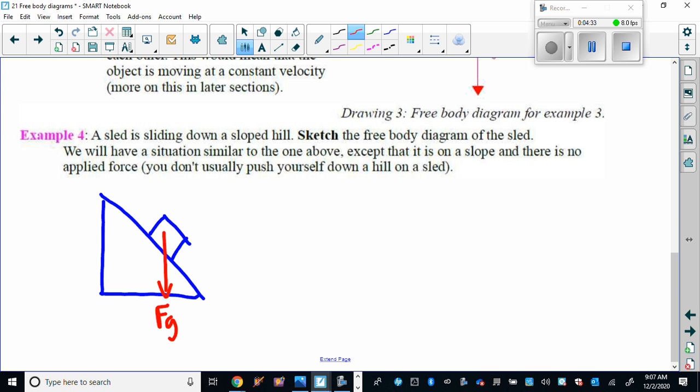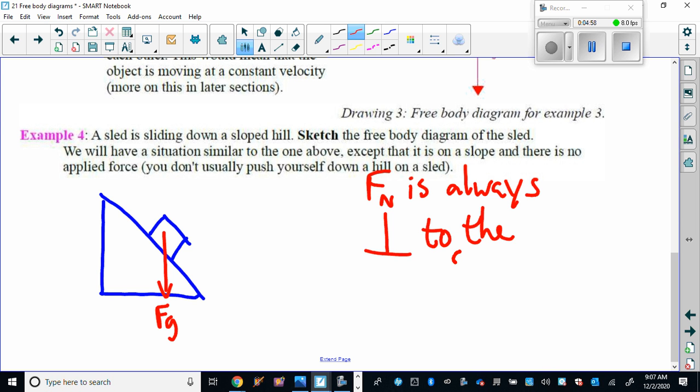Now, in this case, the normal force is different, because now we're going to talk about the normal force. The normal force, Fn, is always, and then you've got this symbol here that looks like an upside down T, which is the symbol for perpendicular. In other words, at a 90-degree angle to the surface.